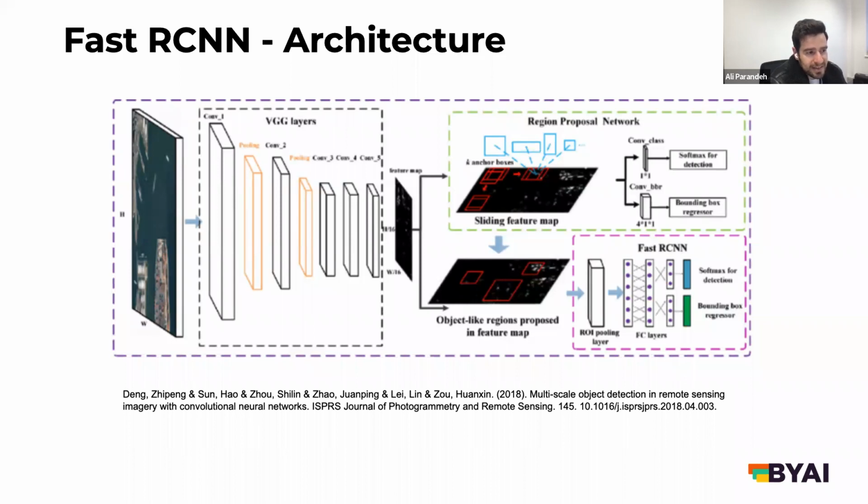It then uses the region of interest pooling layer to extract the features and compress the image down, so that it can perform softmax detection as well as regression for the bounding box.